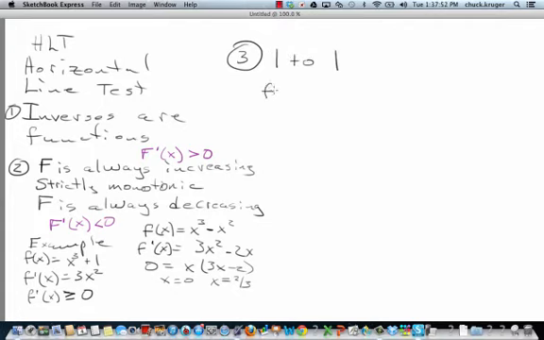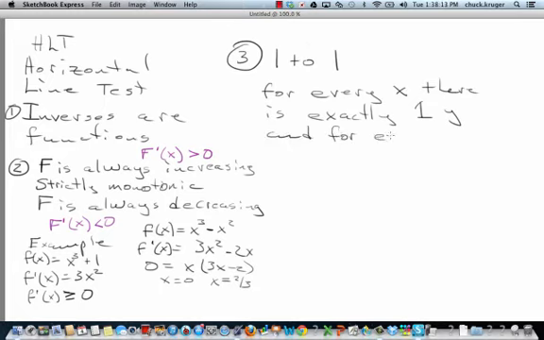That means for every x there is exactly 1 y, and for every y there is exactly 1 x. So they are 1 to 1.